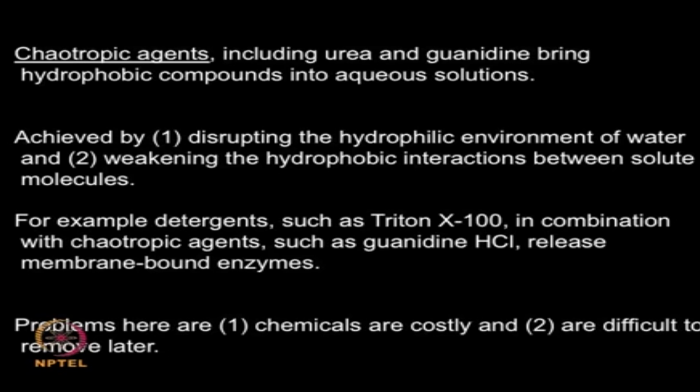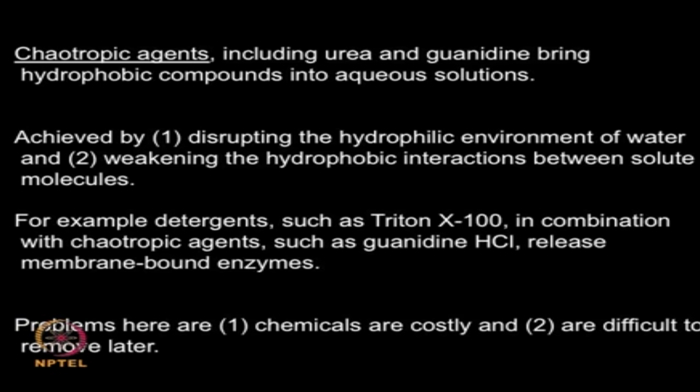They disrupt the hydrophilic environment of water, or they weaken the hydrophobic interaction between the solute molecules. By doing that, all the hydrophobic compounds come into the aqueous medium. Suppose I have Triton X-100, which is a surfactant, and then I use a chaotropic agent like guanidine hydrochloride; they can be used for releasing membrane bound proteins or enzymes.